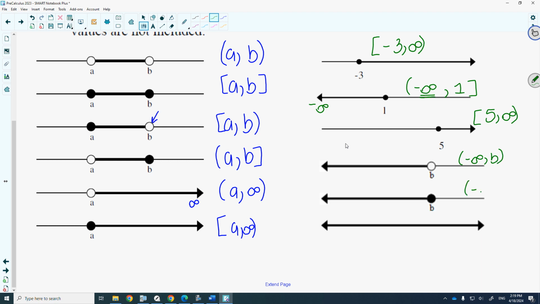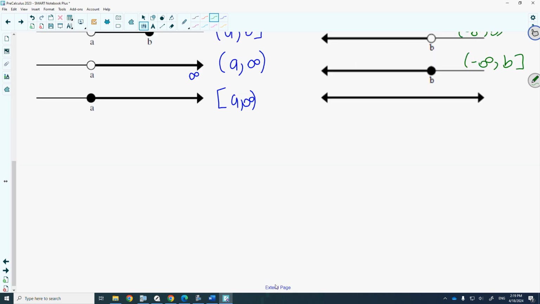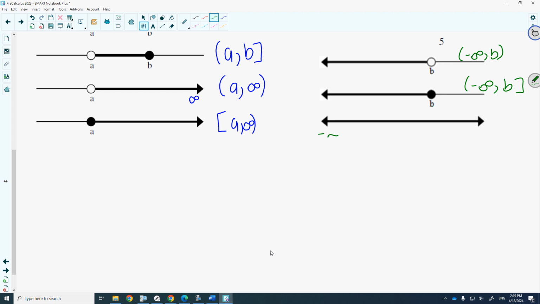This one would be -infinity to b square bracket. This solution set would be -infinity to infinity. Basically, this one would be x belongs to R, right? All solutions from -infinity to infinity. Okay, so that's just a review of interval notation, which you should be comfortable with.